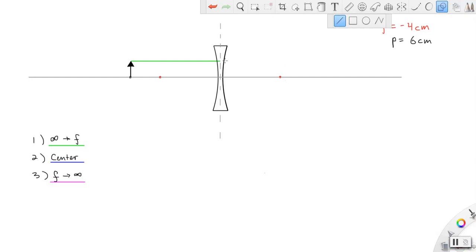In which direction? Well, let's put this on this focal point, and our ray will actually be diverging away, pointing away from this focal point.